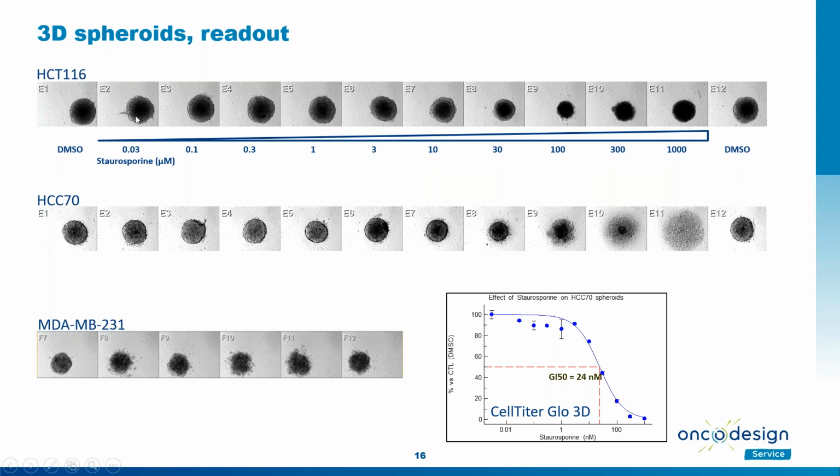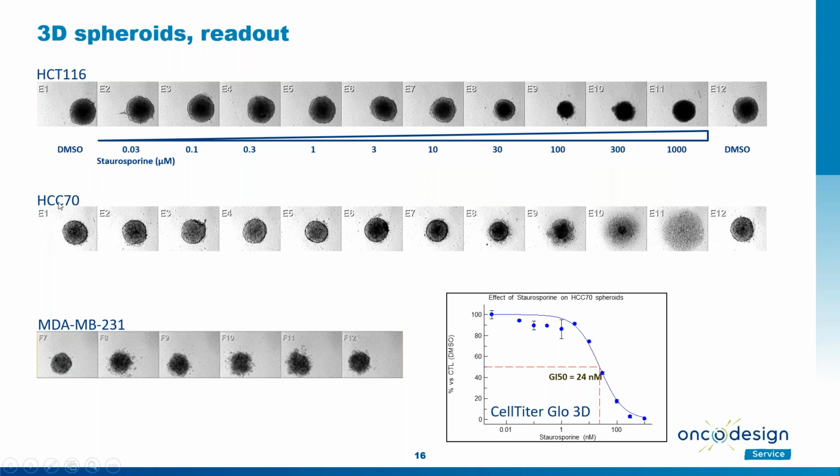Using the 3D system, you can for sure have an image-based readout in order to understand how your compound is acting on this 3D structure. I have here 3 different examples showing that a compound could change the size of the spheroid without changing too much the density of tumor cells within the spheroid.